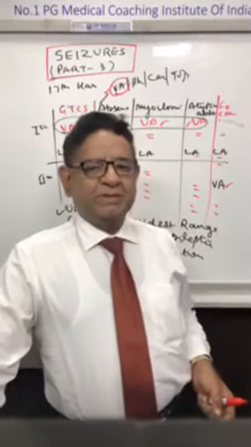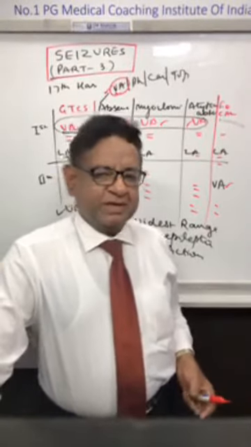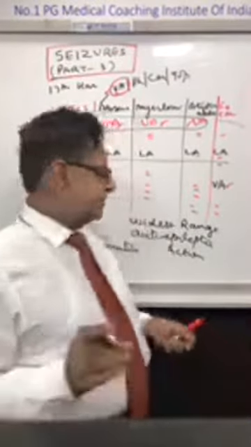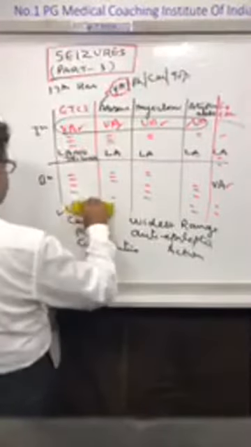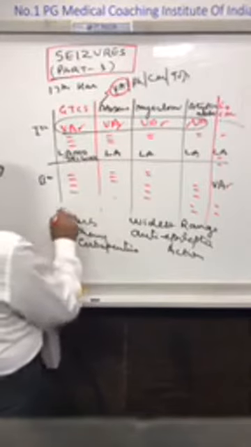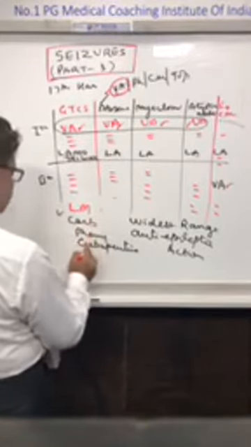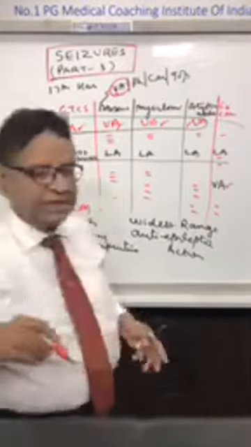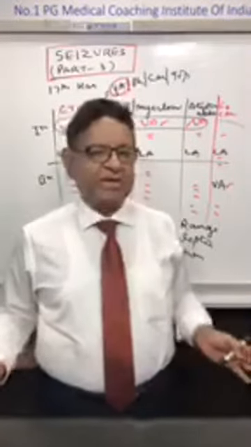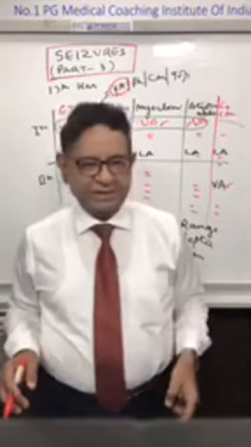So it is quite possible that they may ask for the drug having the widest range of action. The options will be Lamotrigine, carbamazepine, phenytoin, gabapentin. The answer should be Lamotrigine. For widest range of action or first line treatment, the answer should again be Lamotrigine.